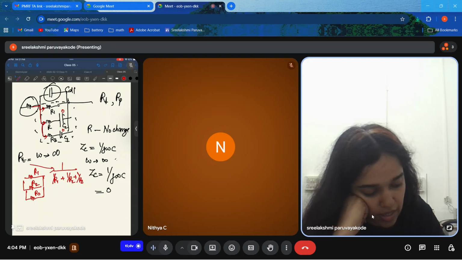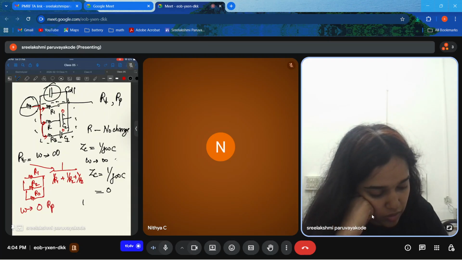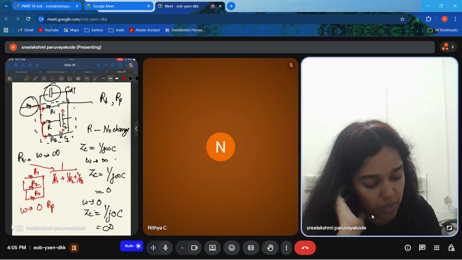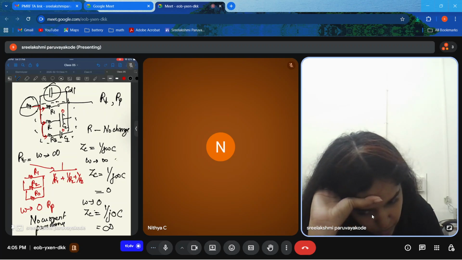Now consider the case when omega tends to 0, that is RP. Omega tends to 0, ZC value is what? 1 by j, omega becomes 0, C. That becomes infinity. It offers infinite resistance. That means no current can pass through the capacitor.